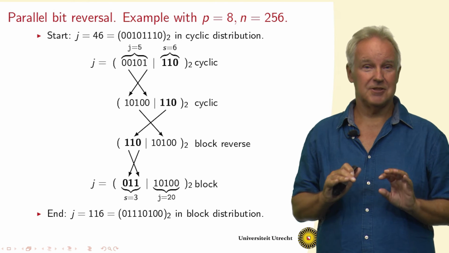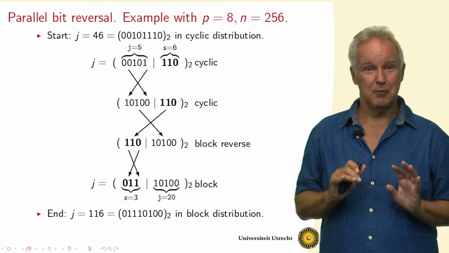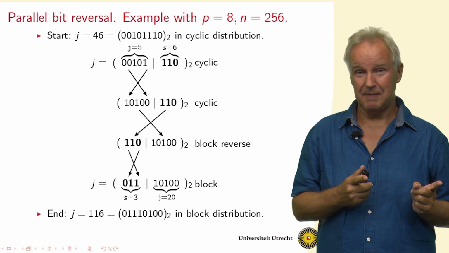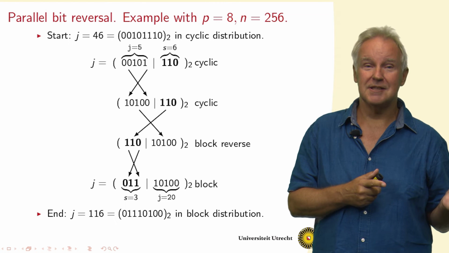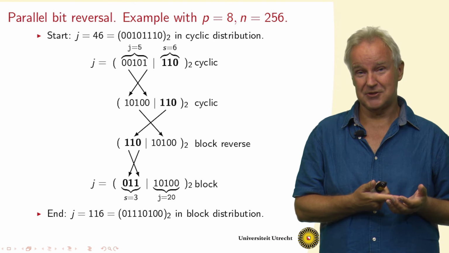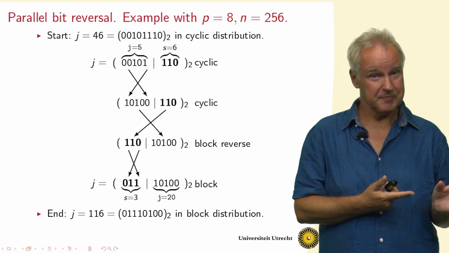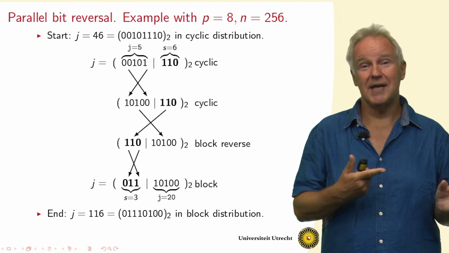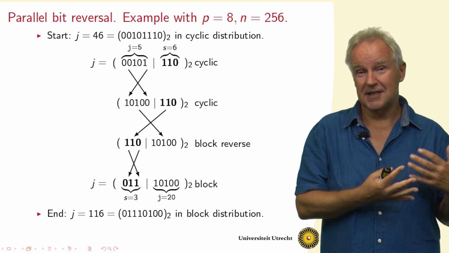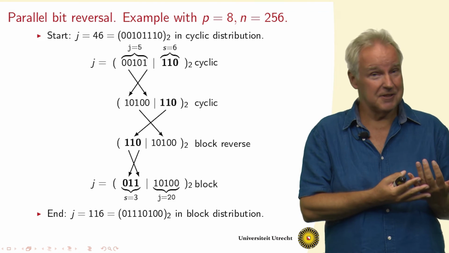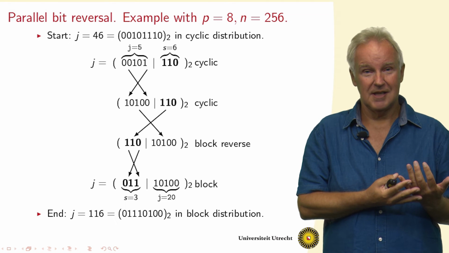have is a block distribution, where in the block distribution it's the top part, the leftmost part, that determines the processor. That's a property of the block distribution. You divide by n over p, meaning that the topmost, the most significant bits, they determine which block.